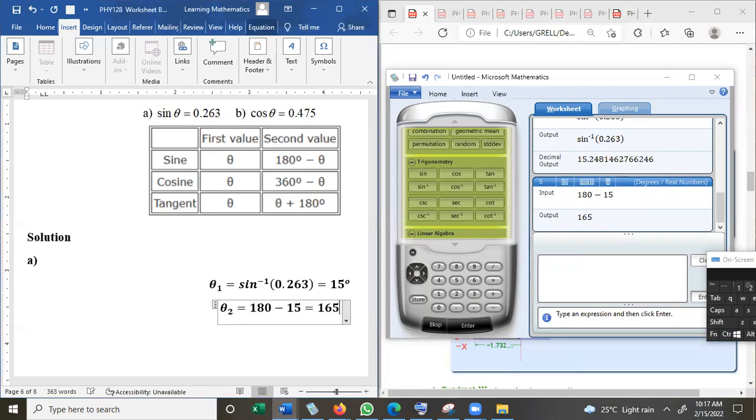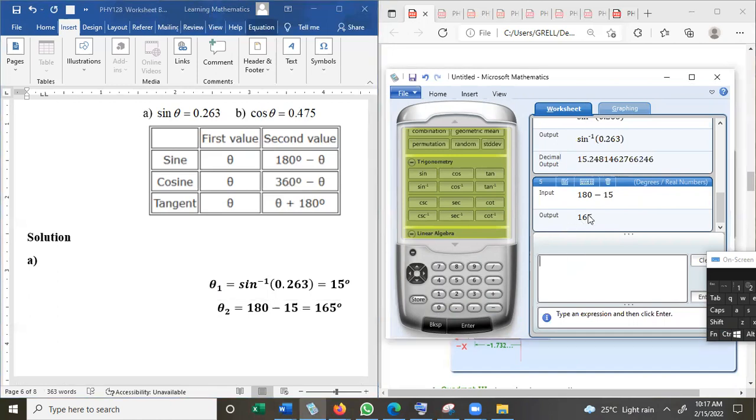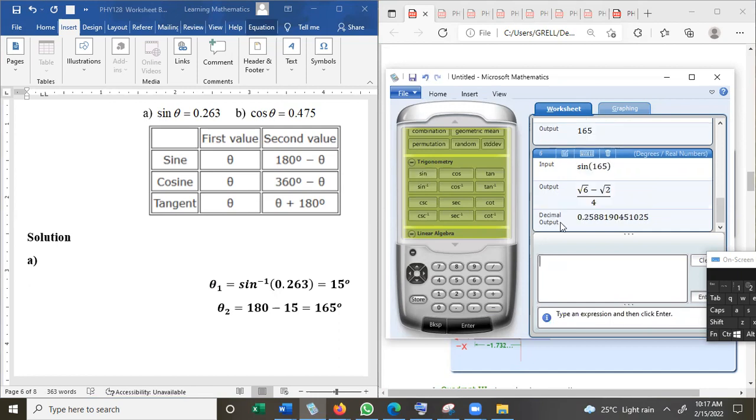165, shift 6, circle, right? 165 degrees. So these are the orders because, in the third and fourth, sine is negative. Now, just to prove the point, if we find the sine of 165, we're supposed to get back 0.263. And here it is, 0.2588.